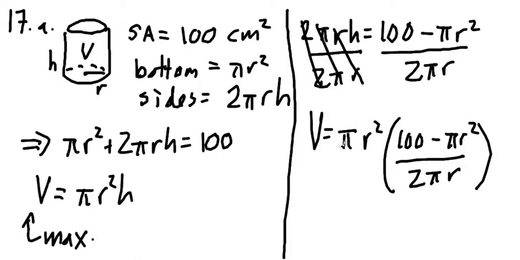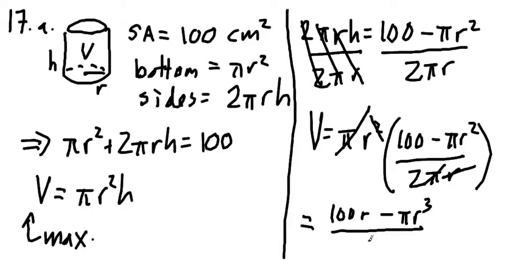Now luckily some things cancel. This pi outside cancels with the pi in the denominator. The r downstairs cancels with one factor of r from outside. And so what I'm left with is r times 100 minus pi r squared over 2. So this gives me 100 r minus pi r cubed over 2.